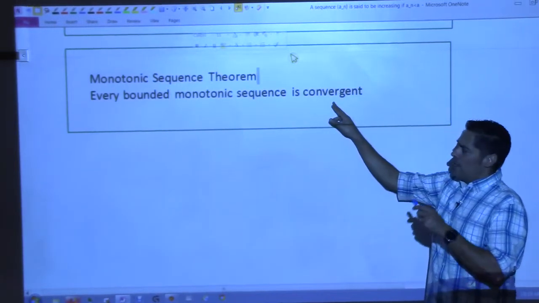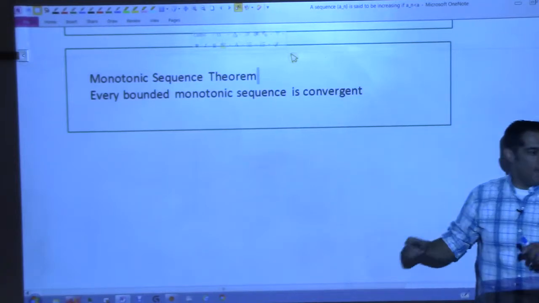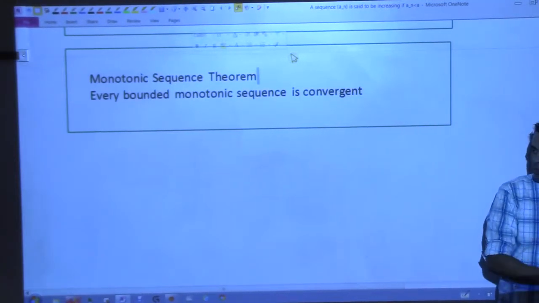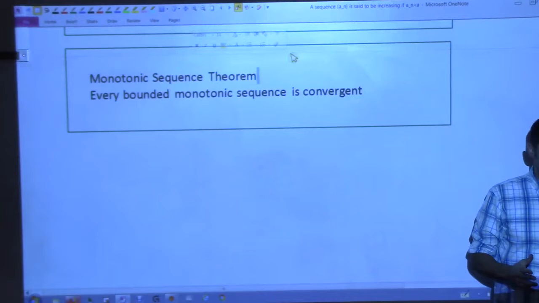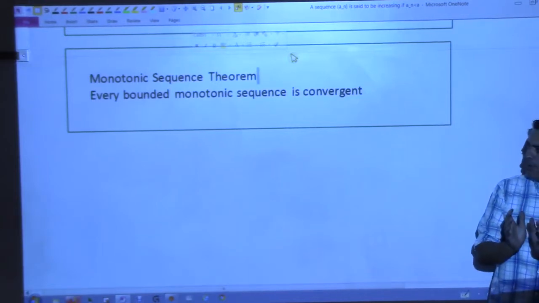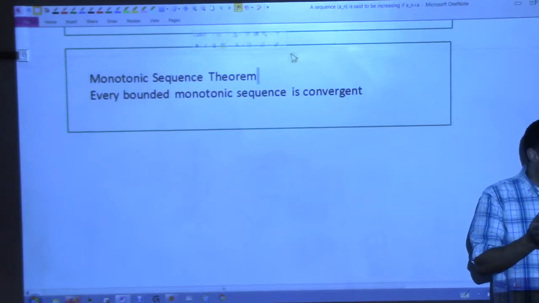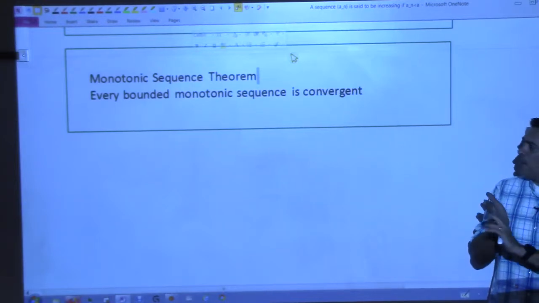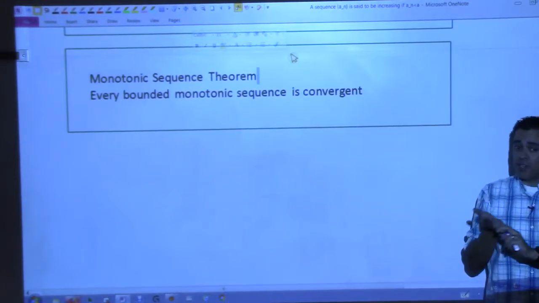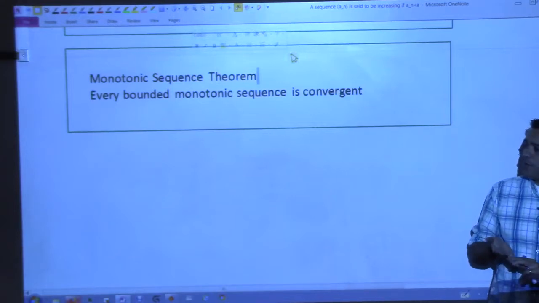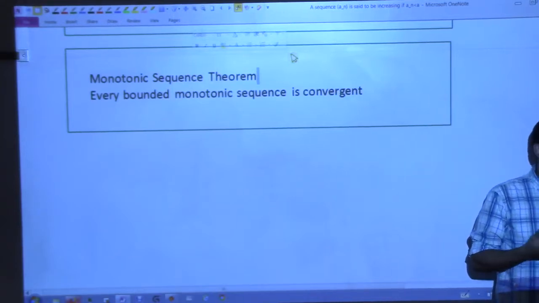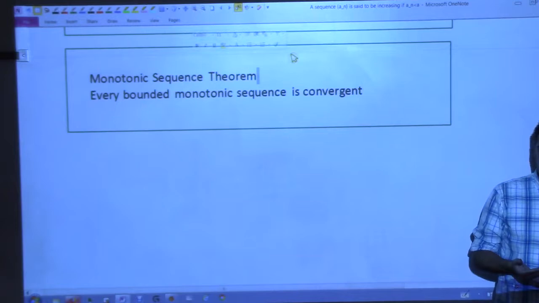This theorem does not tell you anything about what the sequence converges to. All it tells you is that if you can somehow prove that your sequence is bounded, that means above and below, and show that it's monotonic, which means that it's either increasing or decreasing, then you can conclude from that it is convergent. All right?